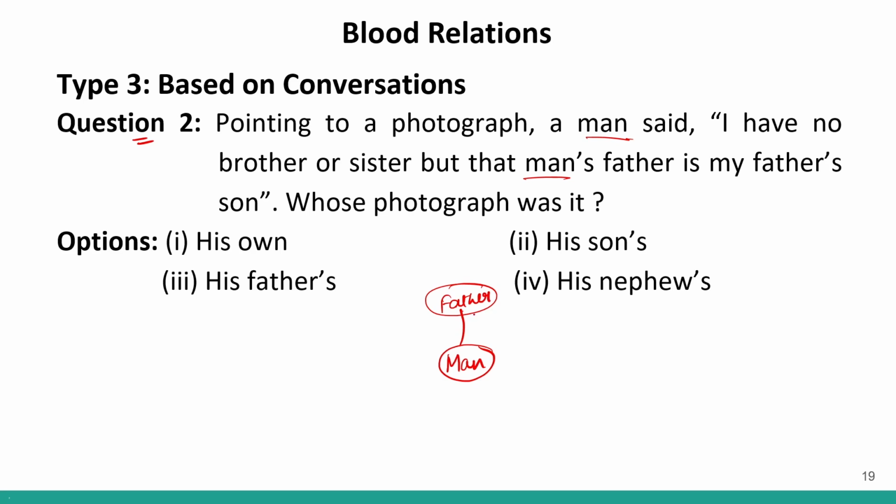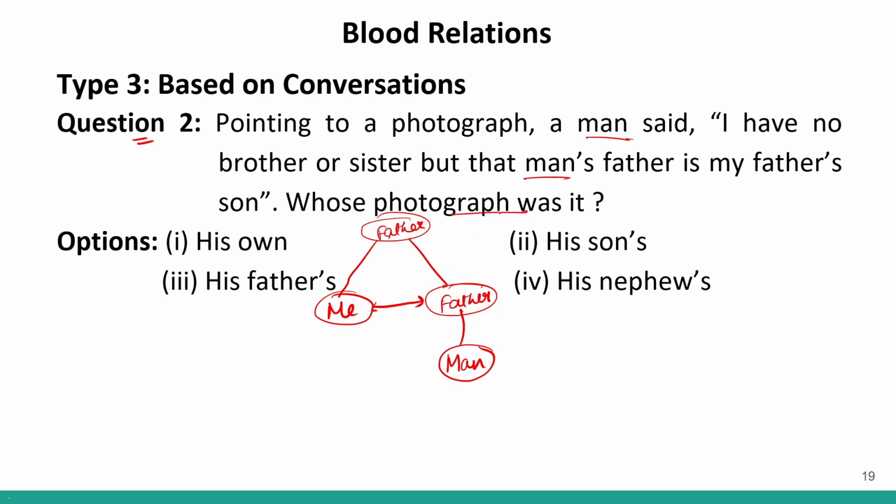Let's say this is me. That man's father is my father's son. So my father will have two kids, right? And the relationship between me and the father will be of siblings. Correct? We have to identify whose photograph it was.